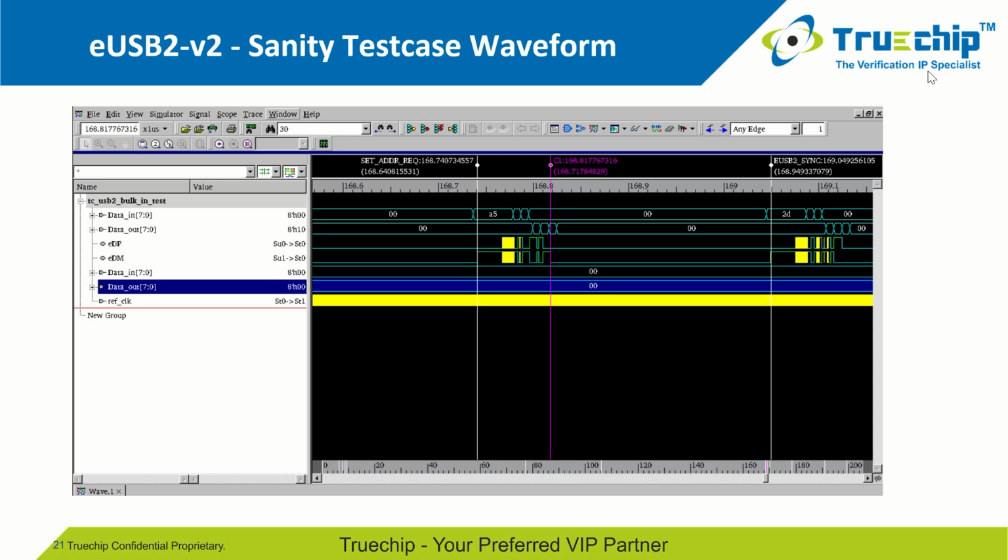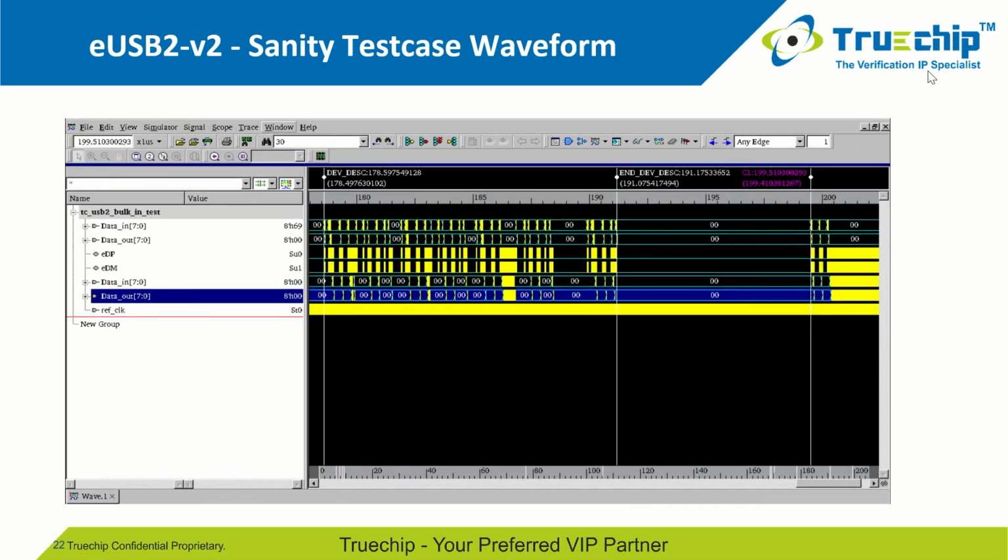Following that, the eUSB2 v2 specific sync pattern has been sent, which is 40 bits long with the first 24 bits of consecutive Ks followed by 7 pairs of KJ and ended with 2 Ks.